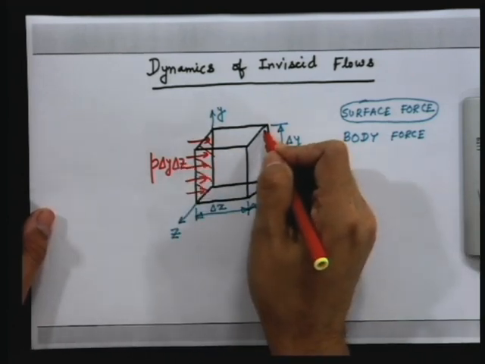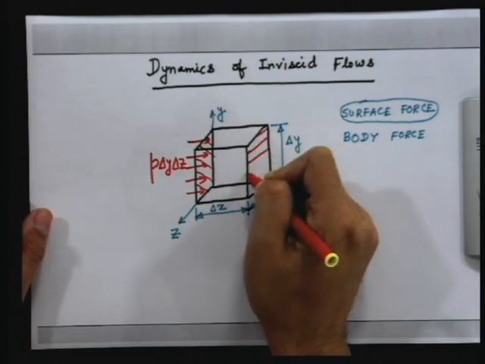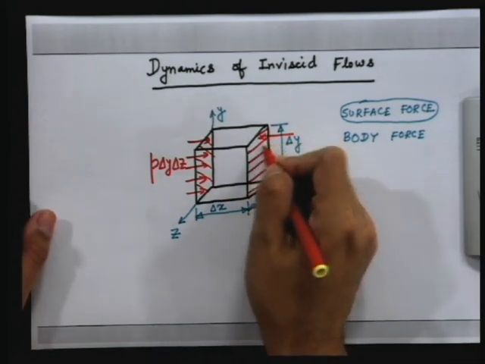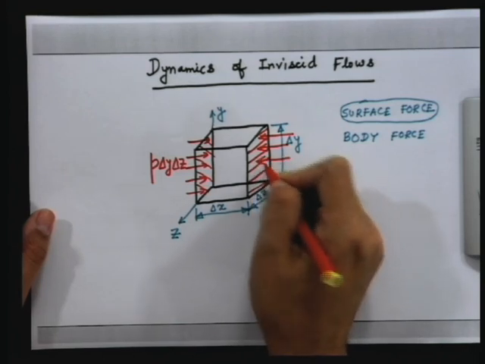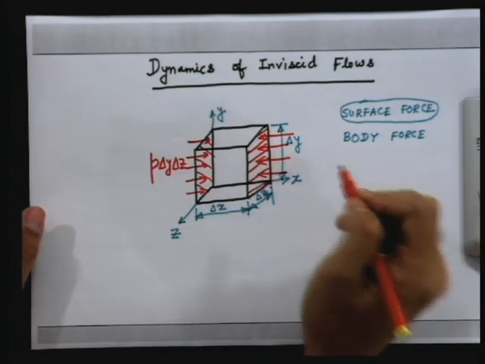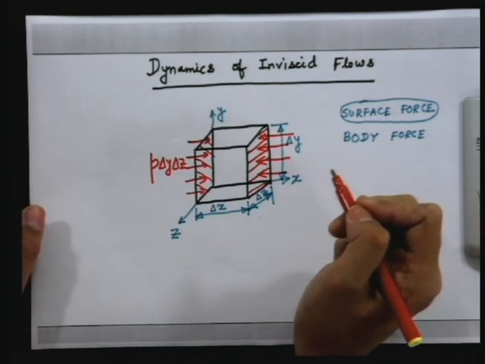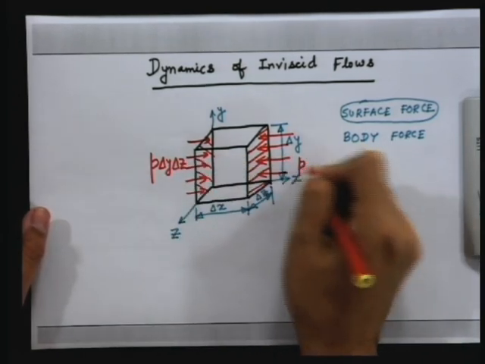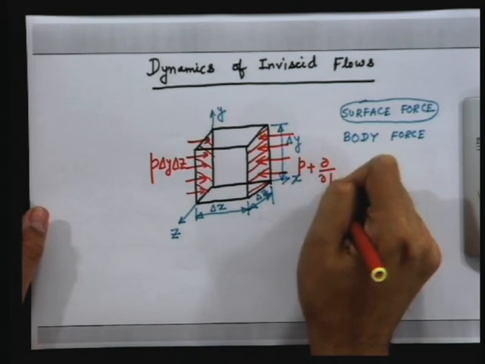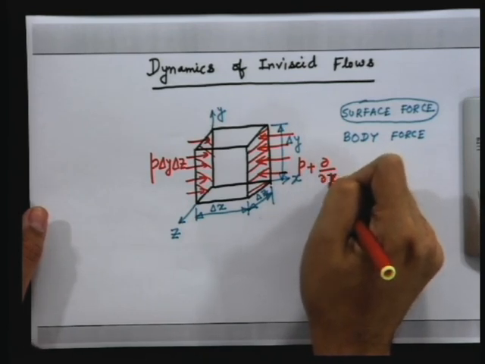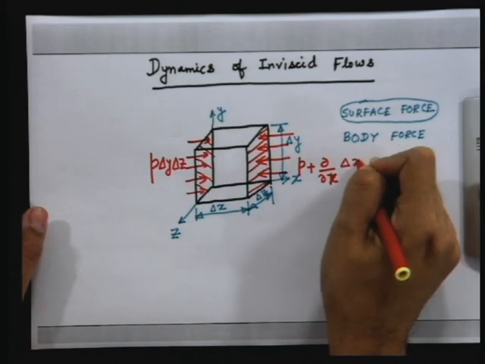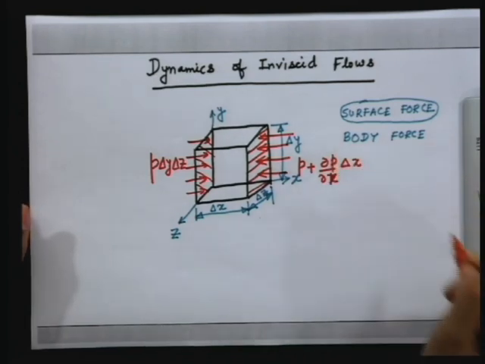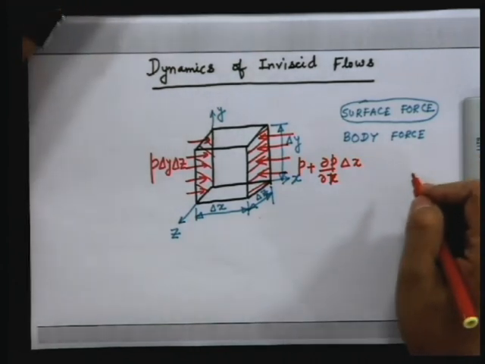Now, if you consider the opposite face, if the pressure at the left face is P, the pressure at the right face is P plus del P del x into delta x plus higher order terms.